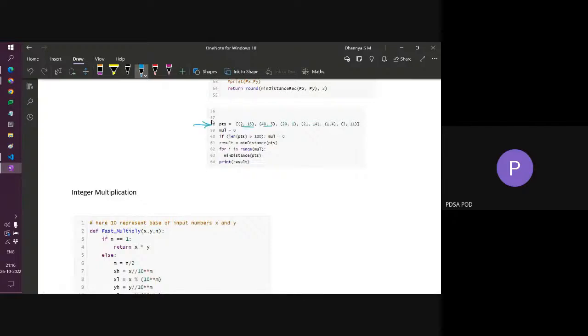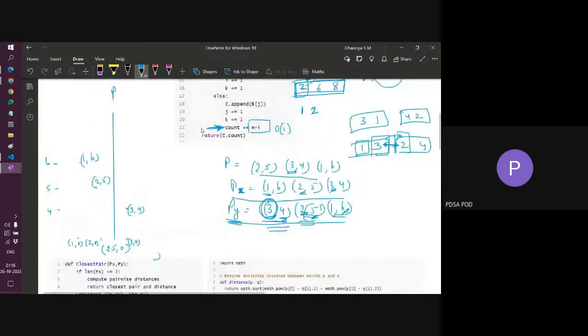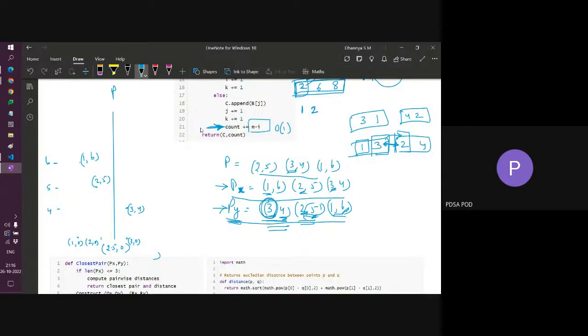This is a set of points, the list of points on the plane. Now this P, we are going to list it in a different way. One is the sorted list based on the x coordinate, and the other is the sorted list based on y coordinate. Is it clear? It is not a partitioning of points at all. It is just another listing of the points in P in a different order.